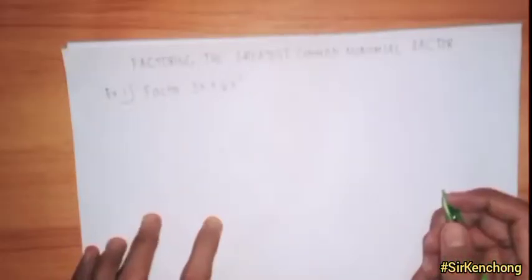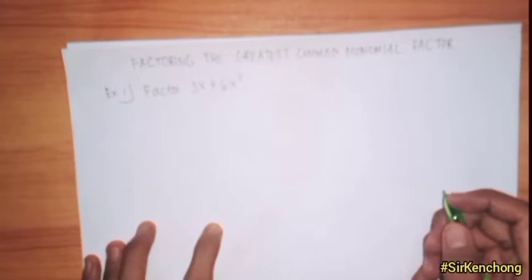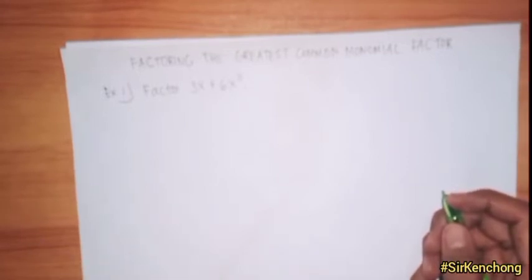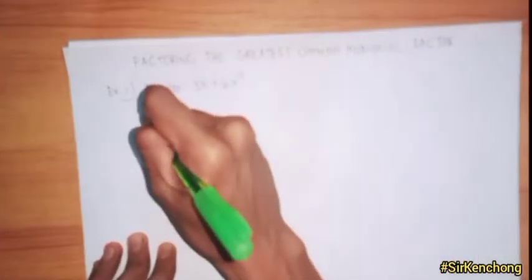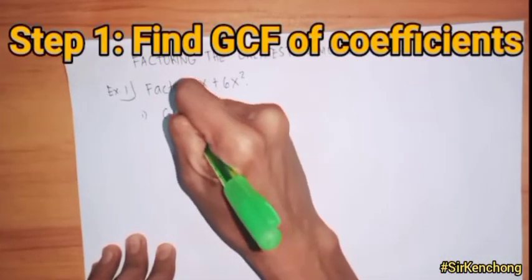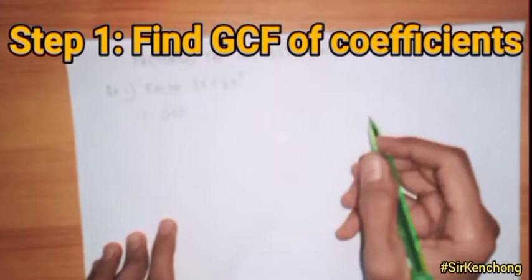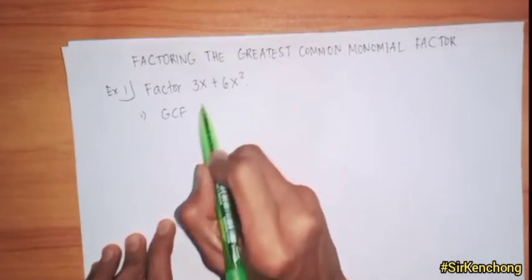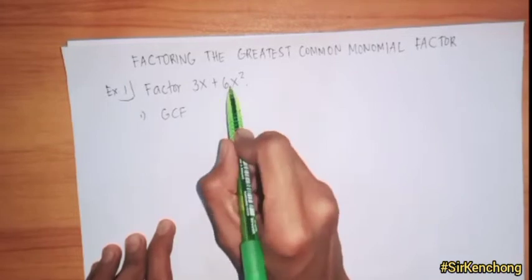Let us proceed to factoring the greatest common monomial factor. There are actually 5 steps in factoring the GCMF, and as we discuss each of the 5 steps, let's have this first example. Factor 3x plus 6x squared. The first step is to find for the GCF of the coefficients 3 and 6. Hanapin natin yung GCF nung mga numbers natin.